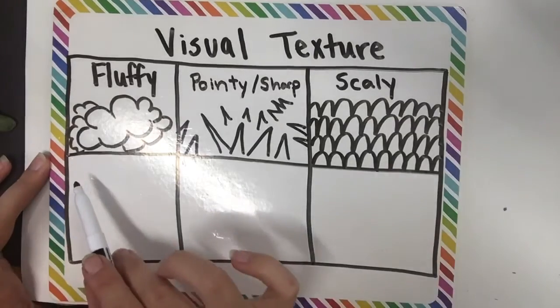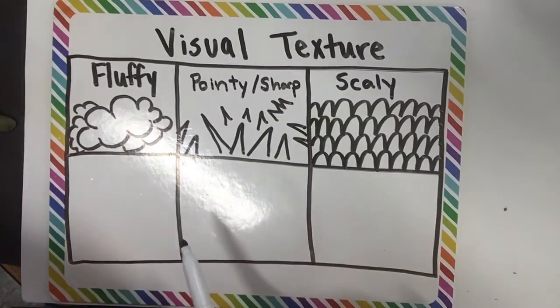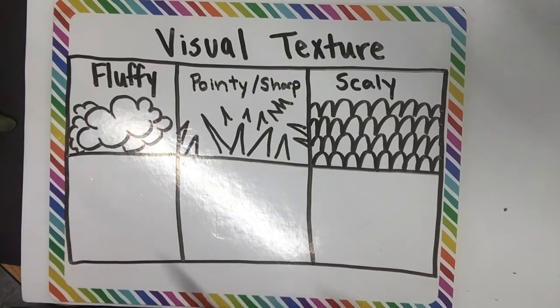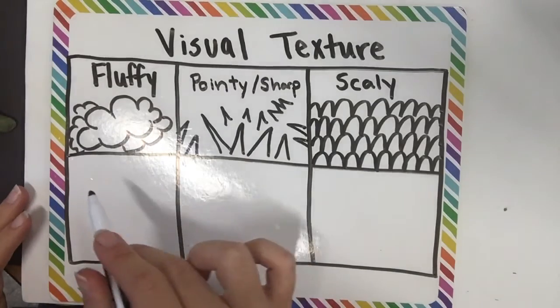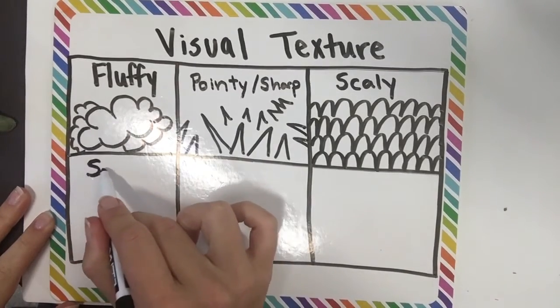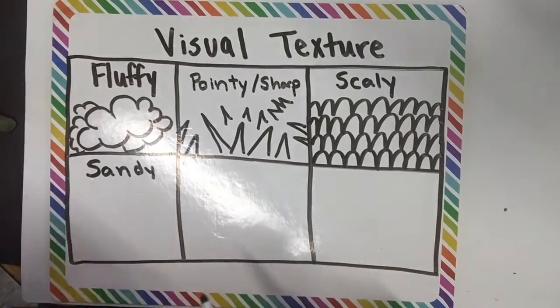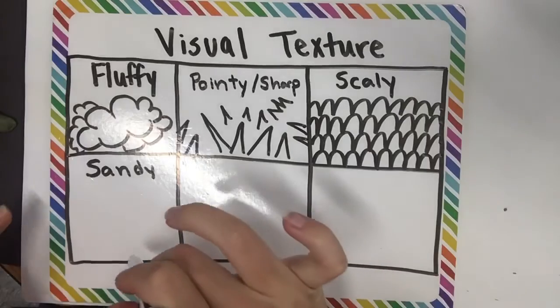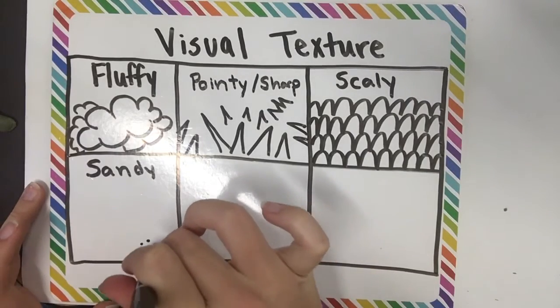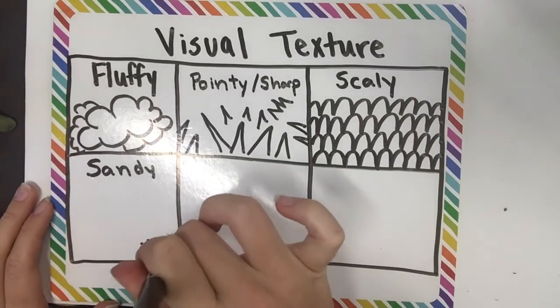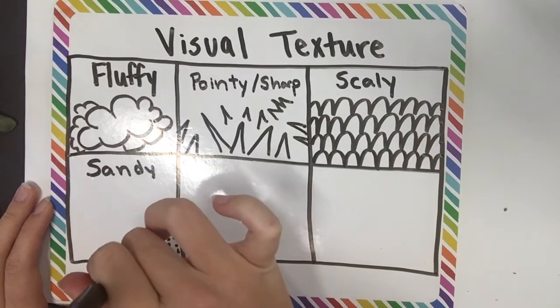I'm going to come down to my 4th box. So we have fluffy, pointy, scaly, and now I'm going to do one that would be a little easier, sandy. Think of something gritty, might have some bumps in it. I might have to just draw the sand itself. So I kind of have this dotted texture.